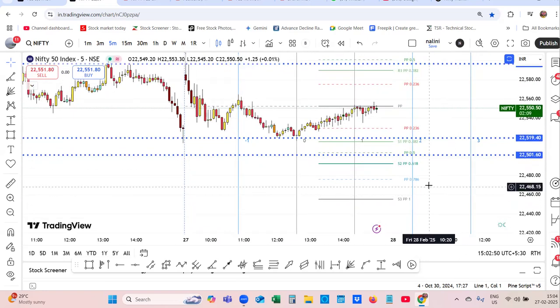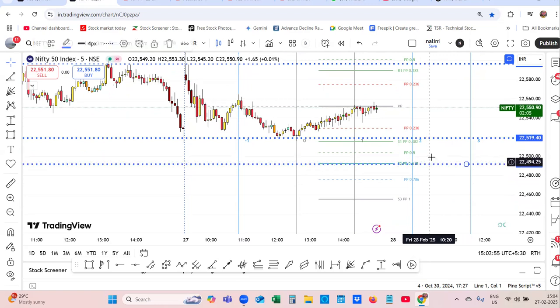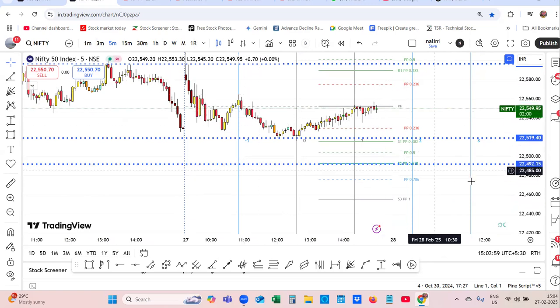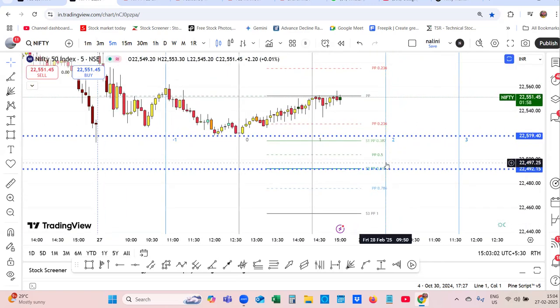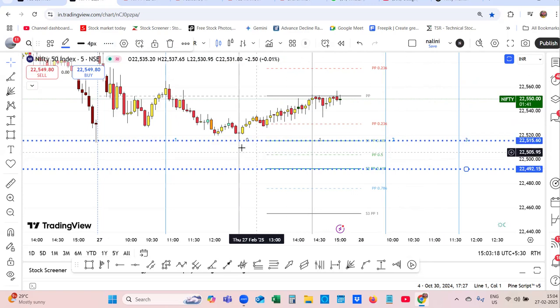You can see the 0.618 level comes to 22,491. This is the pivot for the level below this level. So it calculates the pivot for one level below this level. The level calculated was 22,515, and the market, you can see, is better than our calculation.